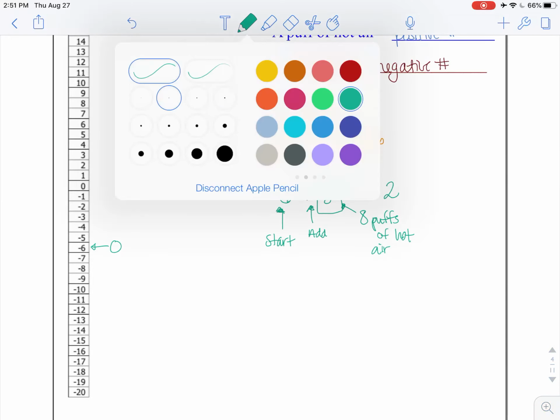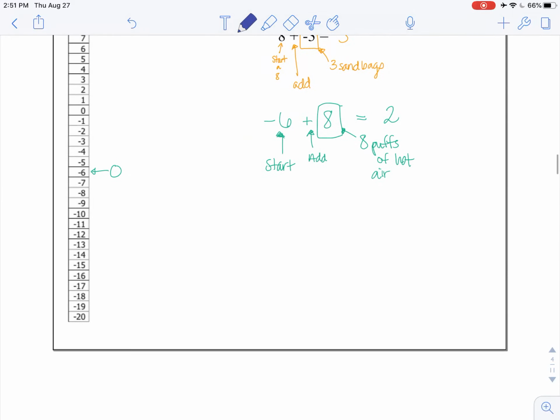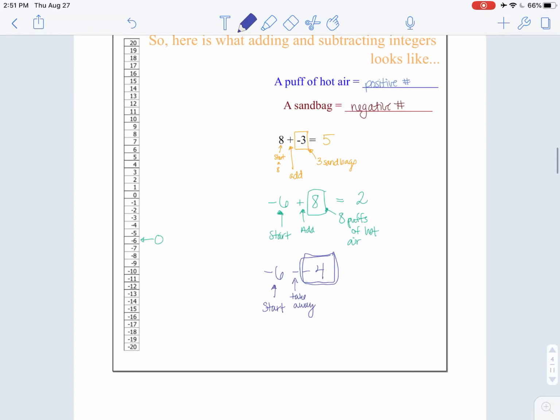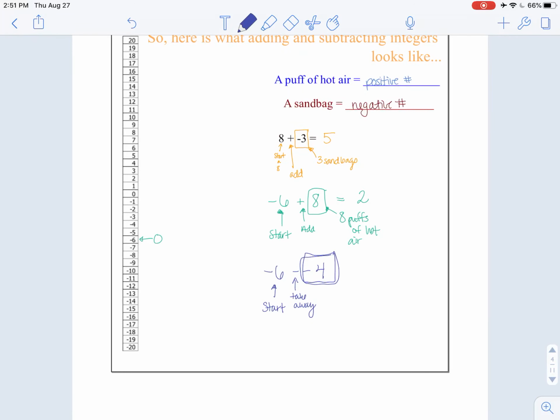But what if I am at -6 again, and I take away -4? So here I'm starting at -6, and I'm taking away -4. -4 represents a negative number, so 4 sandbags.